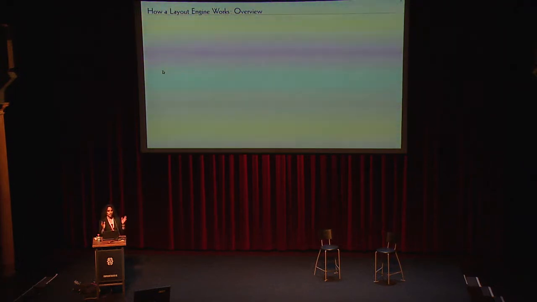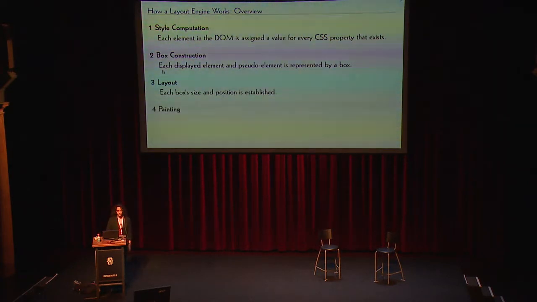So we're going to begin, and we're going to just dive right in. So how does the layout engine work? There's 4 phases to doing layout, more or less. The first one is style computation. This is where we take all of the elements in the DOM and assign a value for every CSS property that exists, or at least every CSS property that that layout engine knows about.